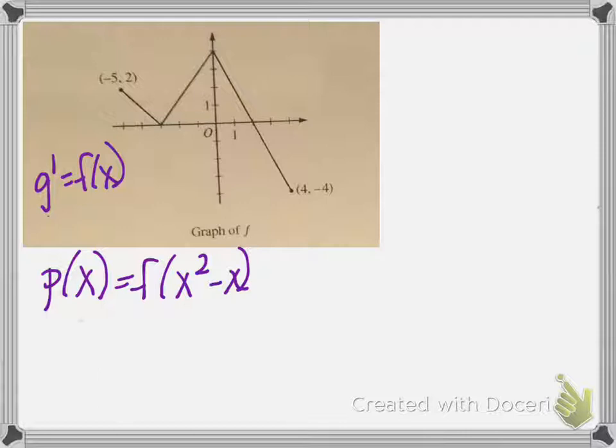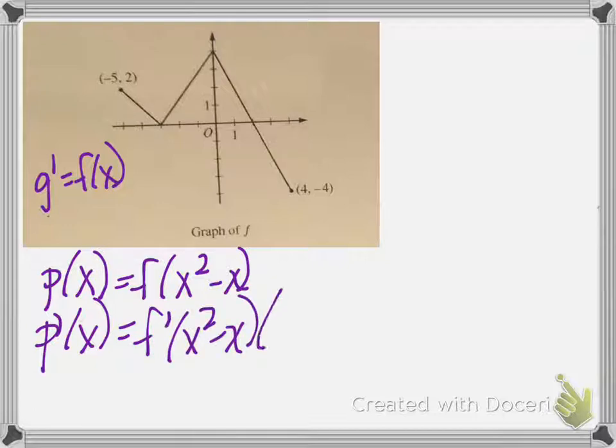Okay, and finally for part D, they gave you p of x, and they want you to find the slope of p. So that just means find the derivative. So this would be like a chain rule. So f of whatever is going to be f prime of that whatever times the derivative of the inside. Okay, so that's p prime, and we're supposed to find p prime when x equals negative 1.